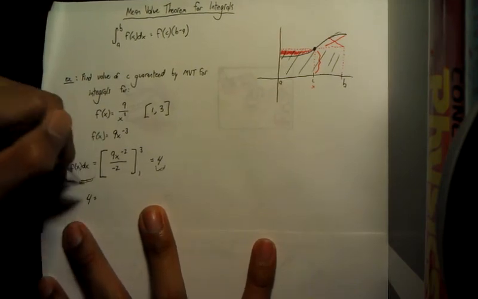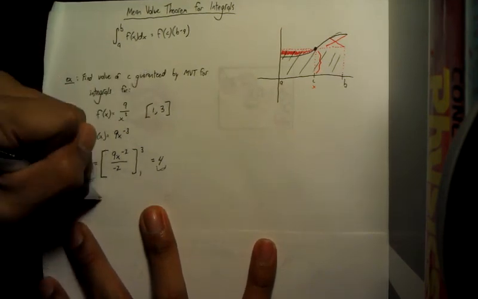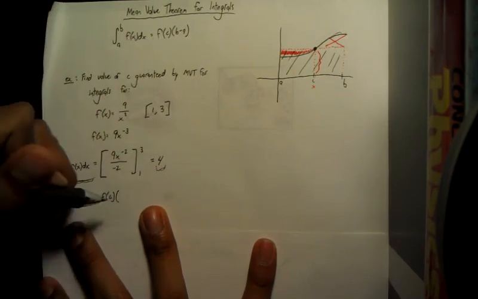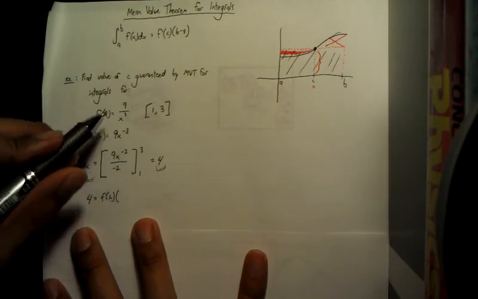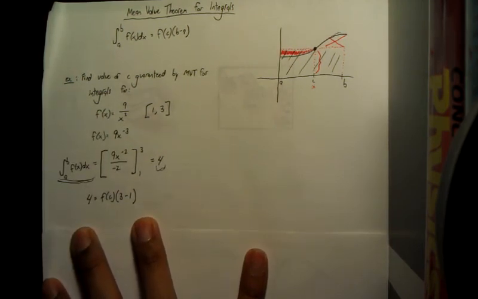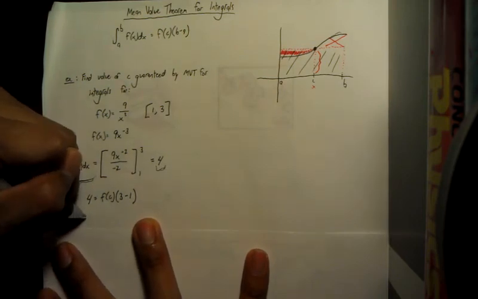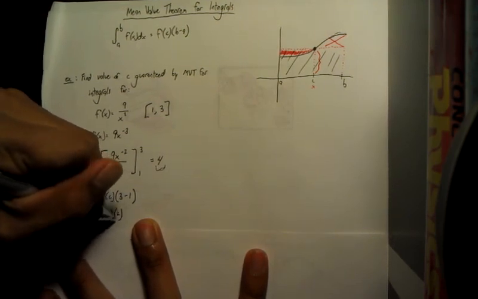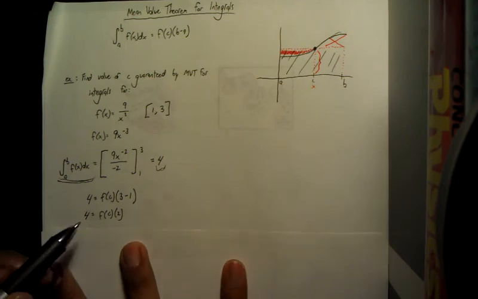So from here we're just going to go 4 equals f of c times b minus a. In this case, b is 3 and a is 1, so it's just going to be 3 minus 1 like that. So now 4 equals f of c times 2.